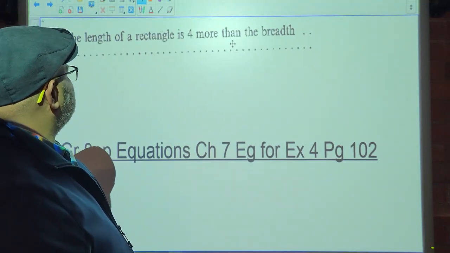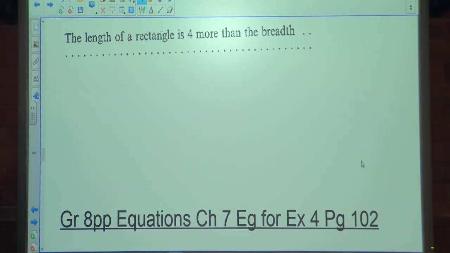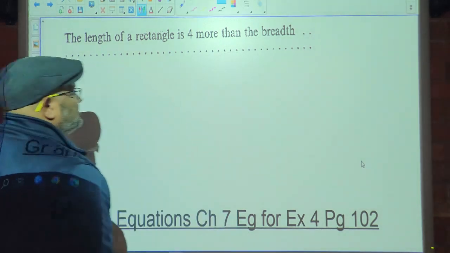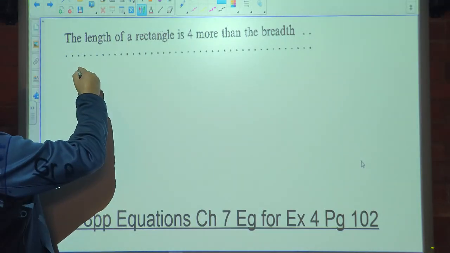People, this is the next question, or the next example. The length of a rectangle is 4 more than the breadth. So where do we start? Which one is smaller? The breadth, not so.